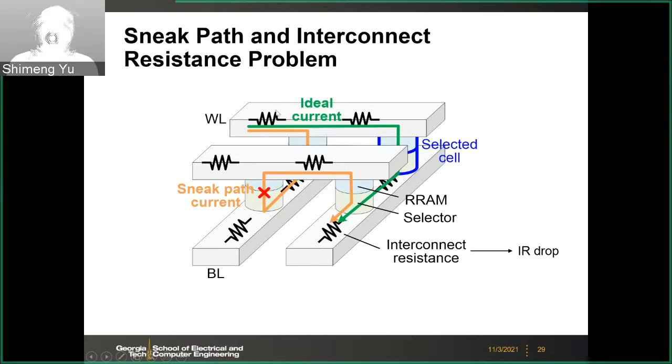So if you look at this 2x2 mini array, if this is your selected cell, and if you bias some voltage here, bias the voltage on your word line and ground your bit line, then ideally current will flow this way.